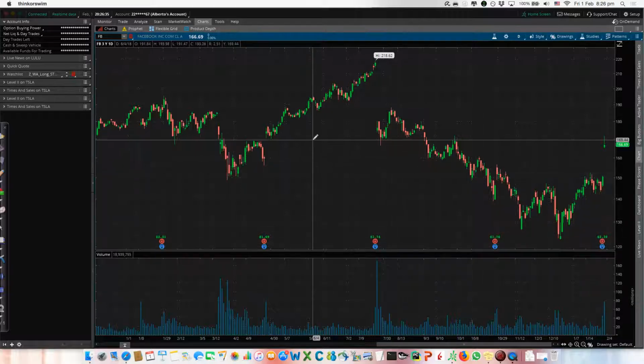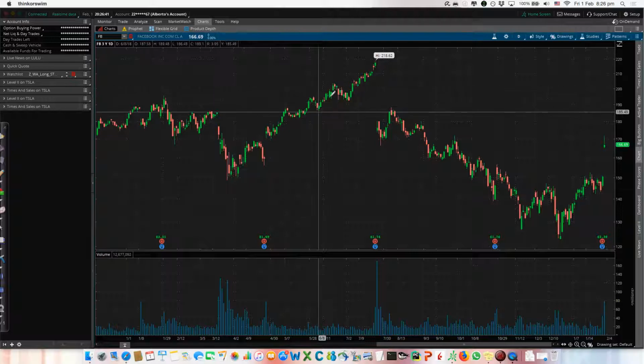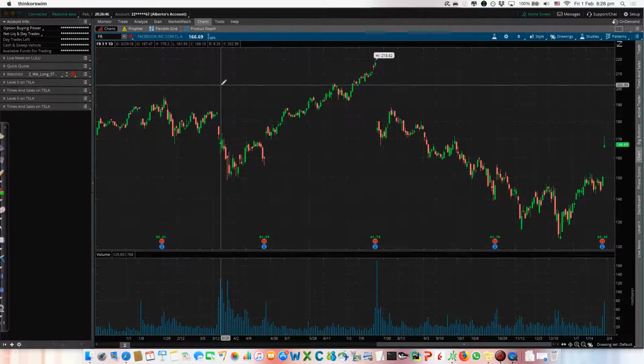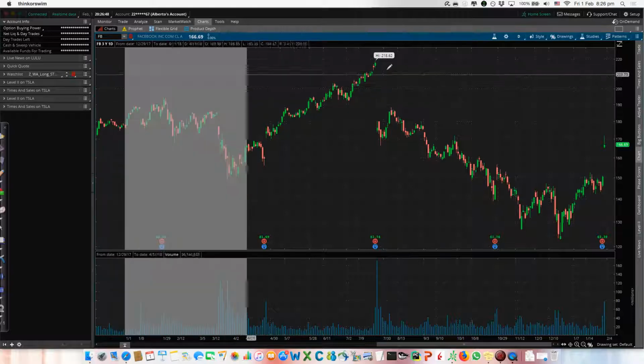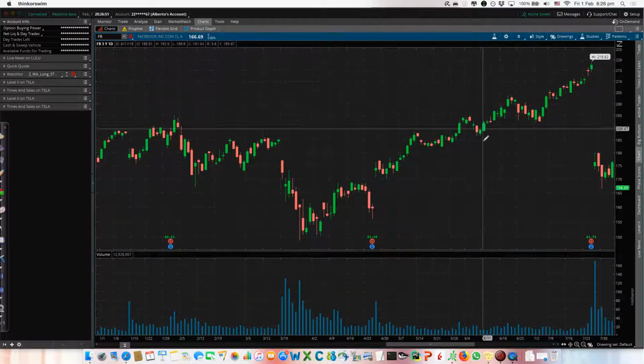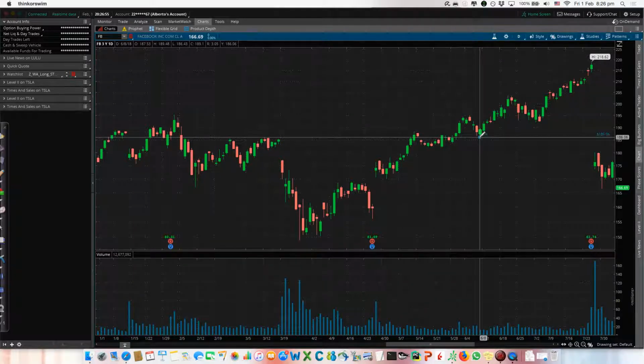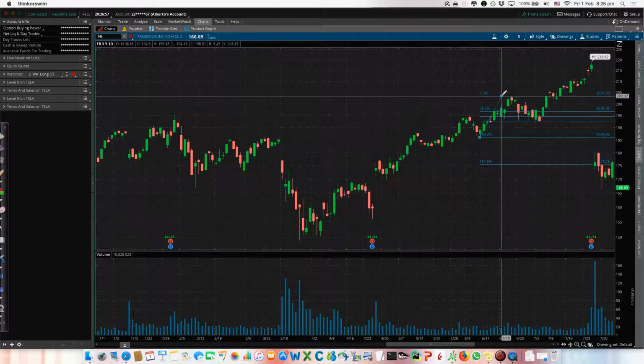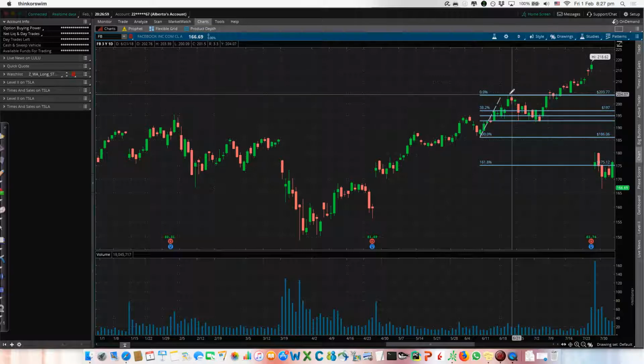So what do you have to do? Well, suppose there is a situation like this one where you have an uptrend, right? What you do is you connect a low. Let me zoom in a little. You connect a low, for example, let's say here, with a high here, okay?